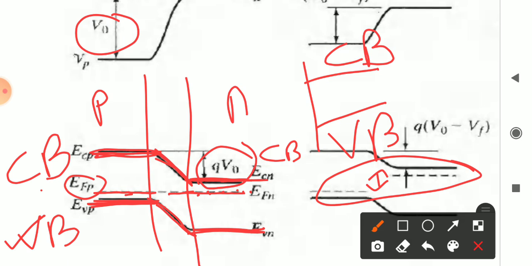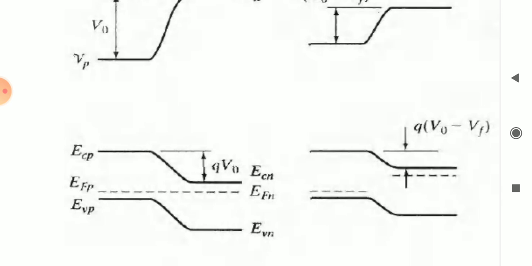If an electron present in the conduction band over here has to move to the P region, then it has to gain q times V0 of energy, and only then will it move to the P region. Clear for the equilibrium condition?